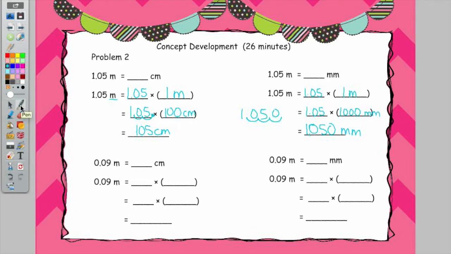Okay, now how is the decimal hop different from the standard algorithm we've been using? How is it different? Any answers? Anybody have an idea? I know you need to listen to the question. How is the decimal hop different from the standard algorithm that we've been using? Corbin, what do you think? It's faster.